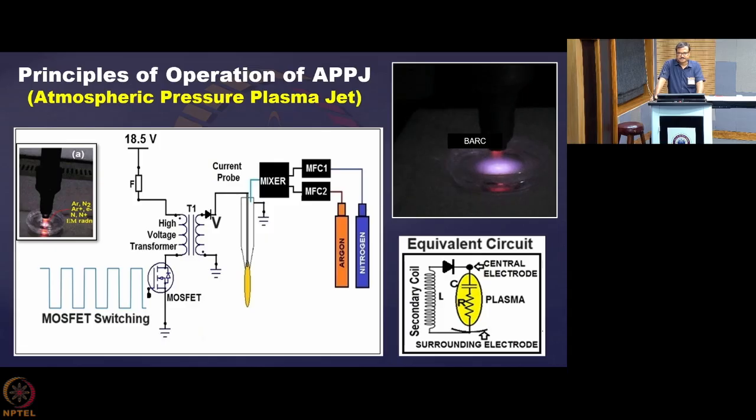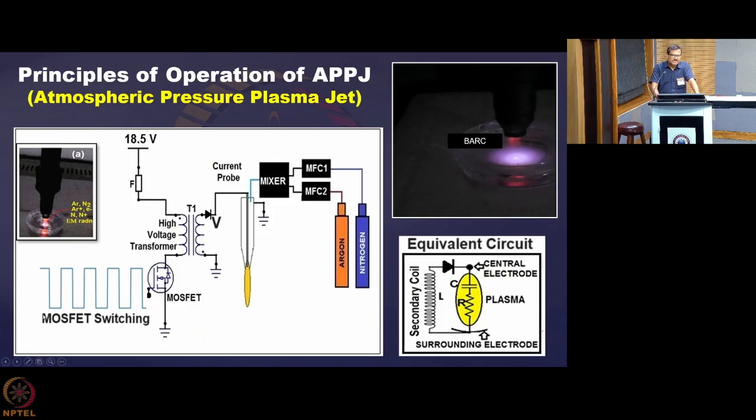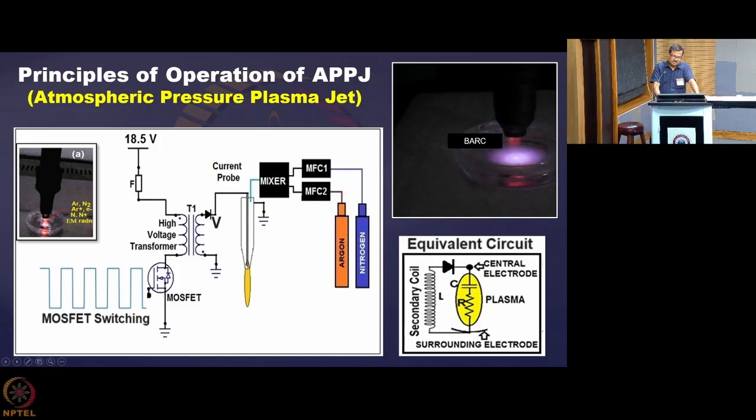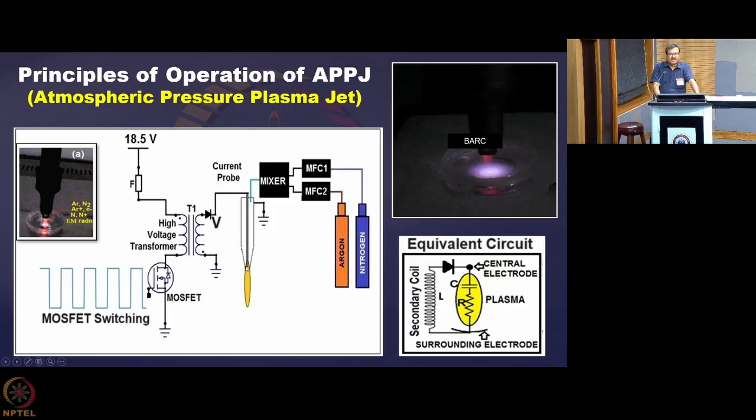Now you see here that this pulse is applied, a very high voltage is generated over here, and a breakdown occurred. But that breakdown is only for the period when the high voltage is appearing over here.